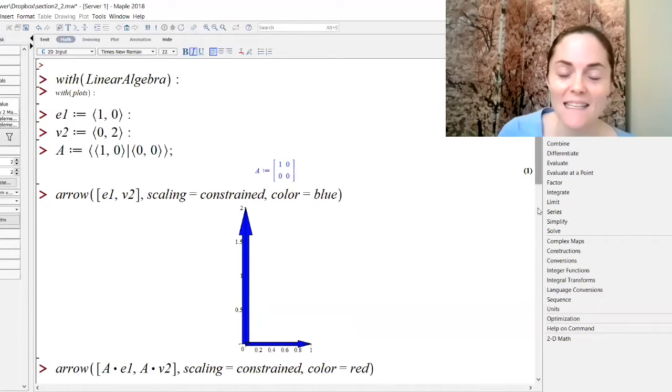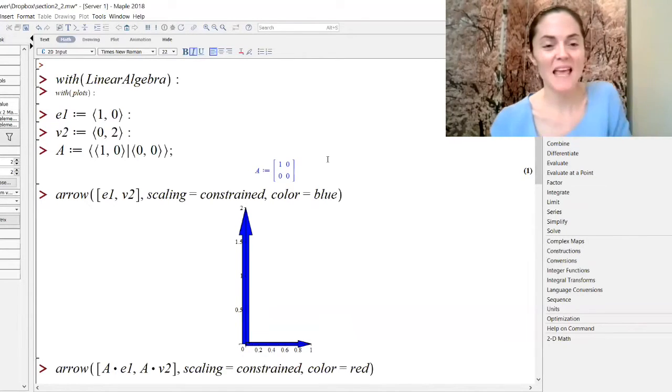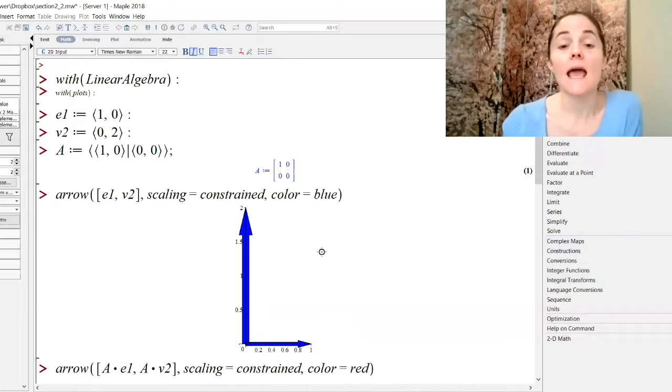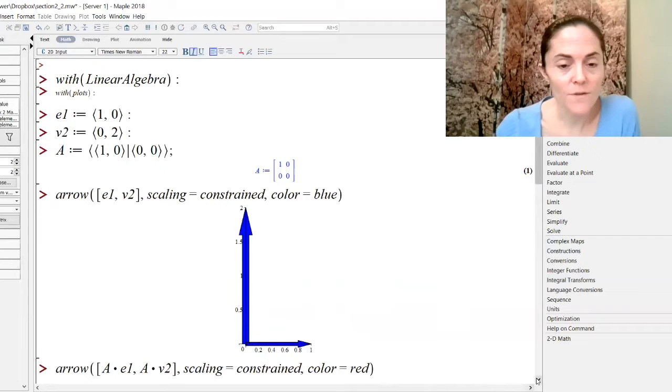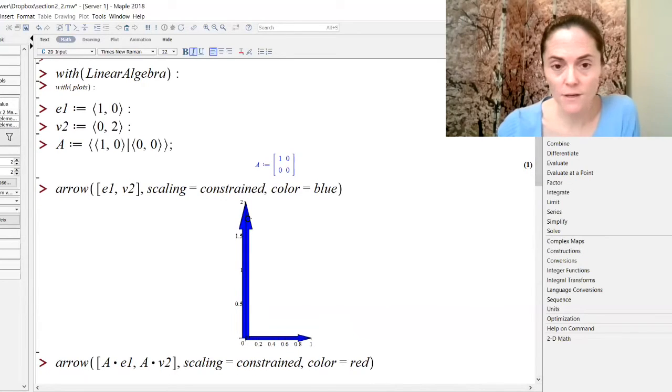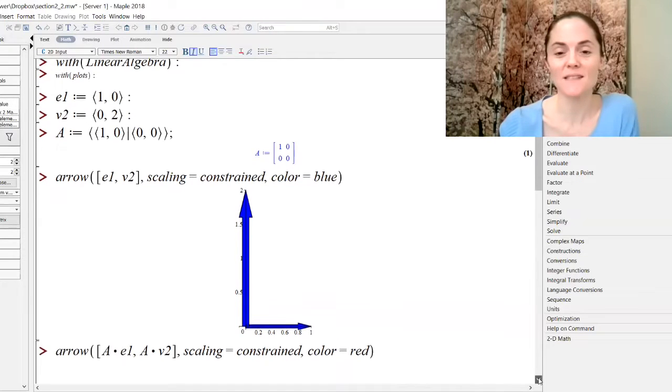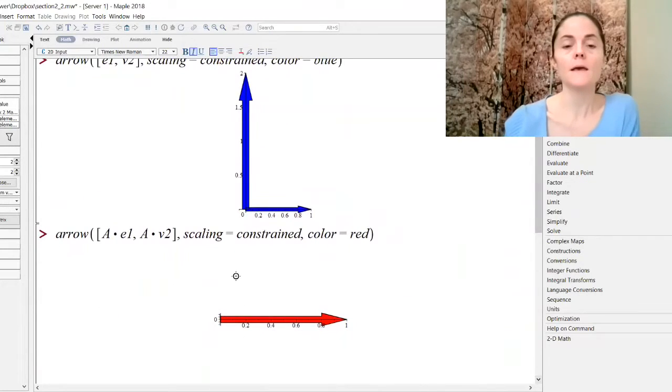So without a doubt, this matrix projects down to the x-axis, and you see, if you project this second vector down to the x-axis, v2 as it's called here, it's 0, okay?